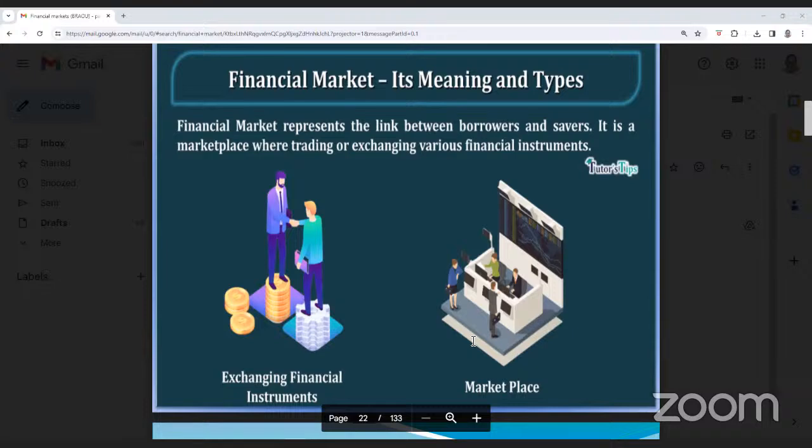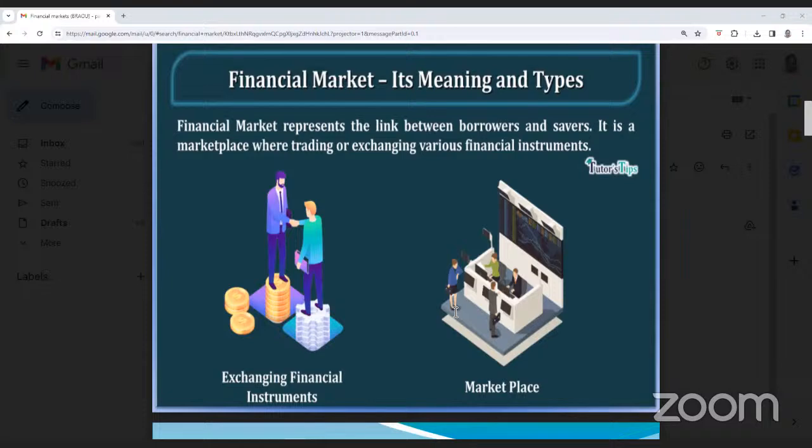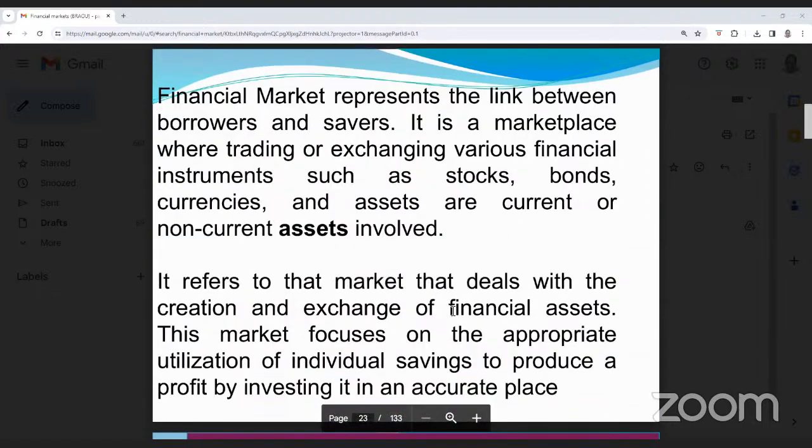It is a marketplace where various financial instruments are traded or exchanged. So what are the financial instruments being traded?